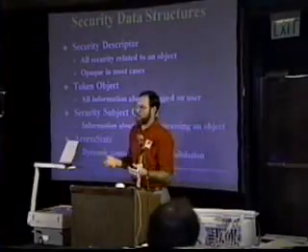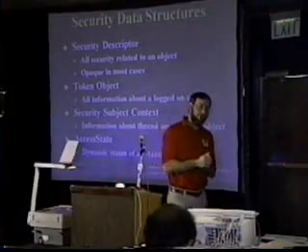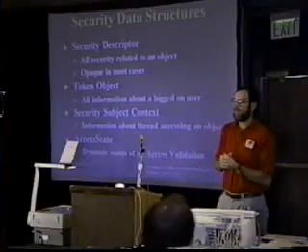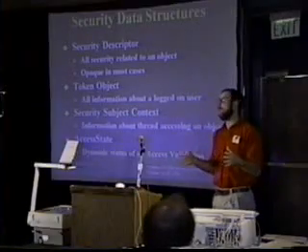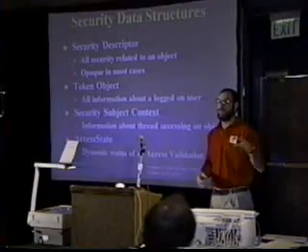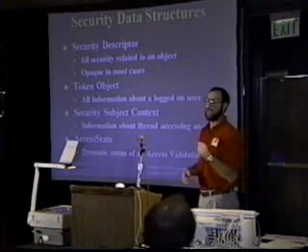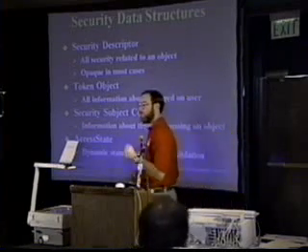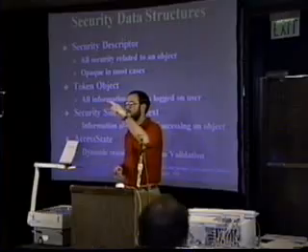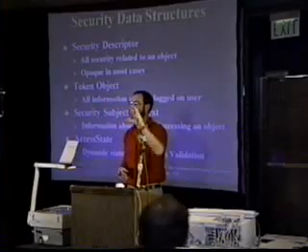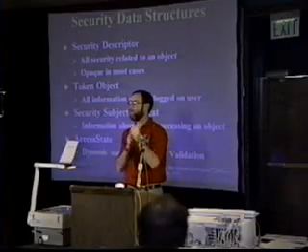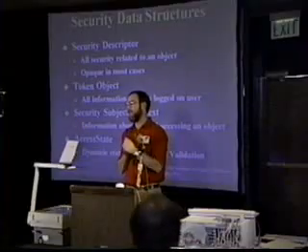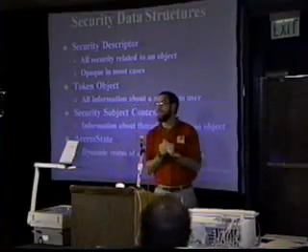That's a compound context. What happens is during an object access attempt, somebody has to create this subject context. And in the subject context, we grab a pointer to the process's token. That's the server's context. We grab a pointer to the thread's token, and the thread token is the one of your client.